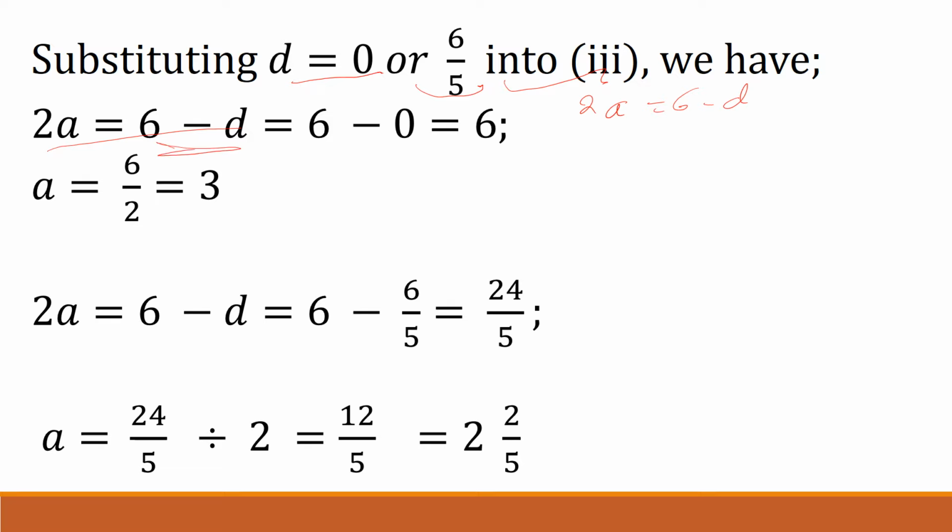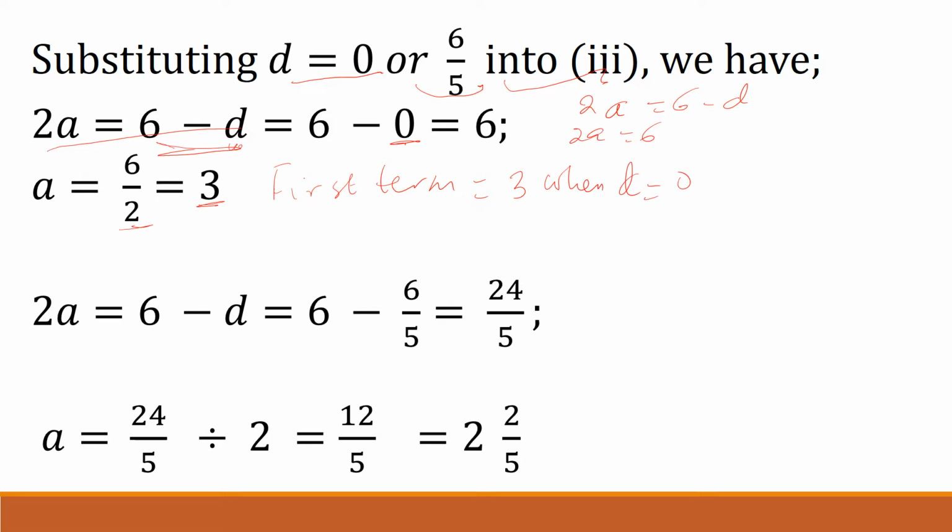So if I substitute 0 for D, I'll have this, and that means that my 2A is equal to 6. So divide both sides by 2, we'll have our A to be 3. So my first term is 3 when D is equal to 0.